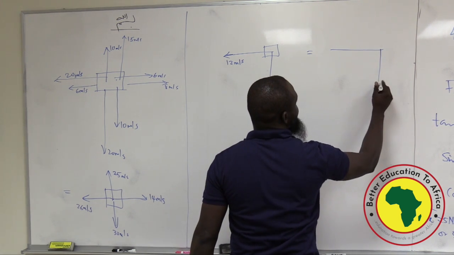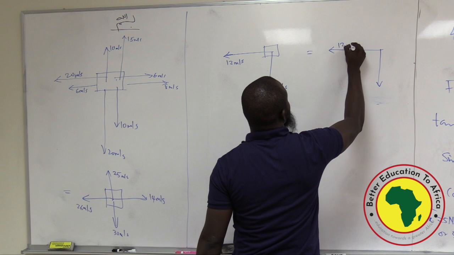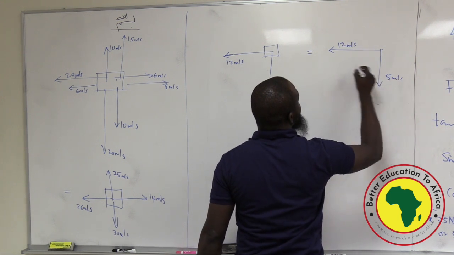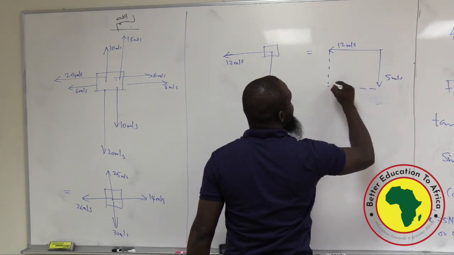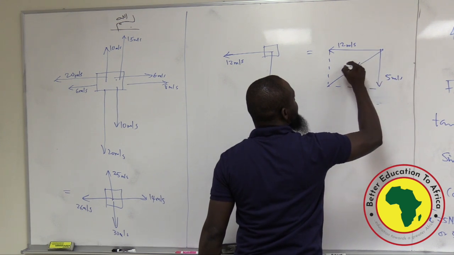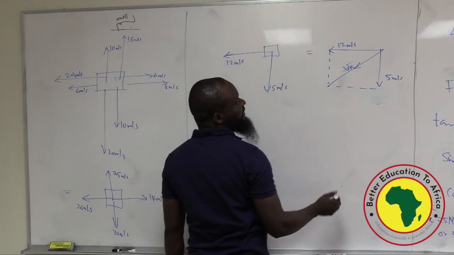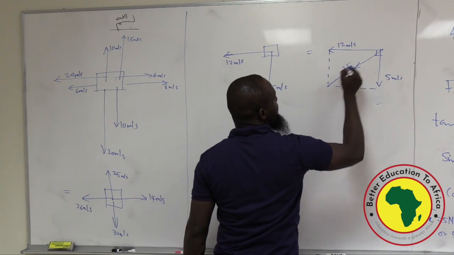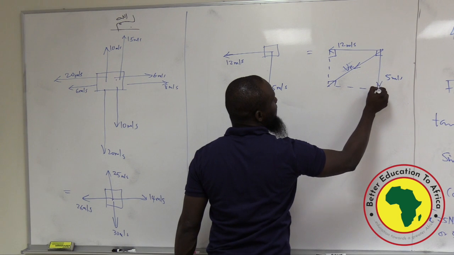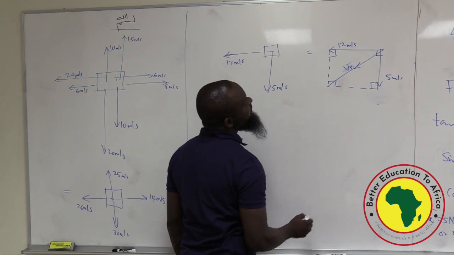I will make this a little smaller than the 12 meters per second, and this is 5 meters per second. I complete the rectangle. My net force, or net velocity, let me call it VR, the resultant velocity, will come from the point of intersection. Right angle triangle, 90 degrees everywhere.